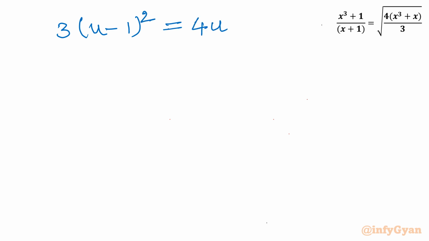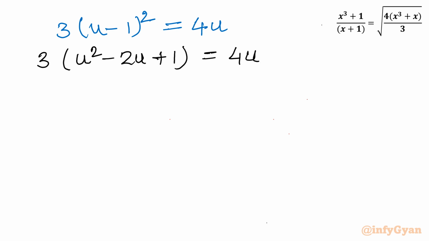Let us apply the a minus b whole square formula. So we can write u square minus 2u plus 1 in the bracket and right hand side is 4u. Let's expand. So 3u square minus 6u plus 3 equal to 4u.